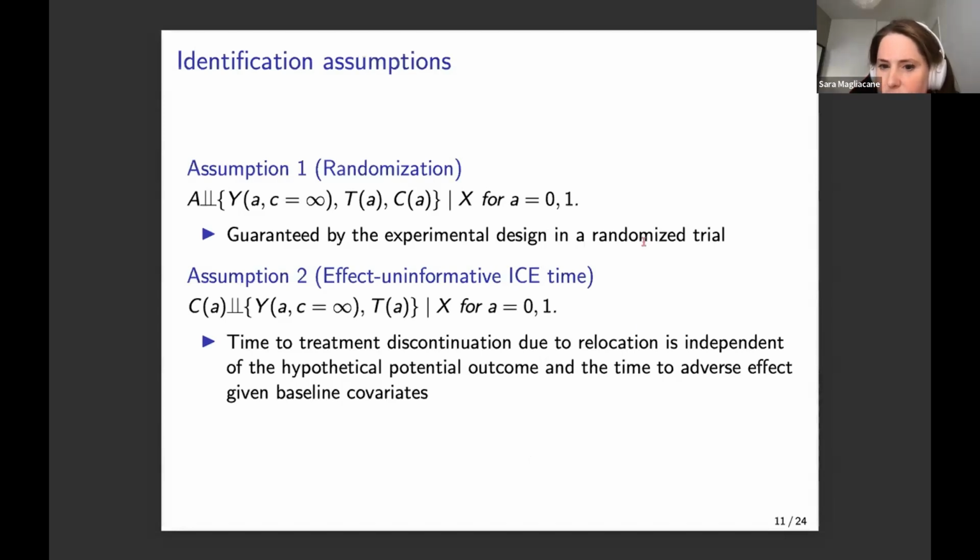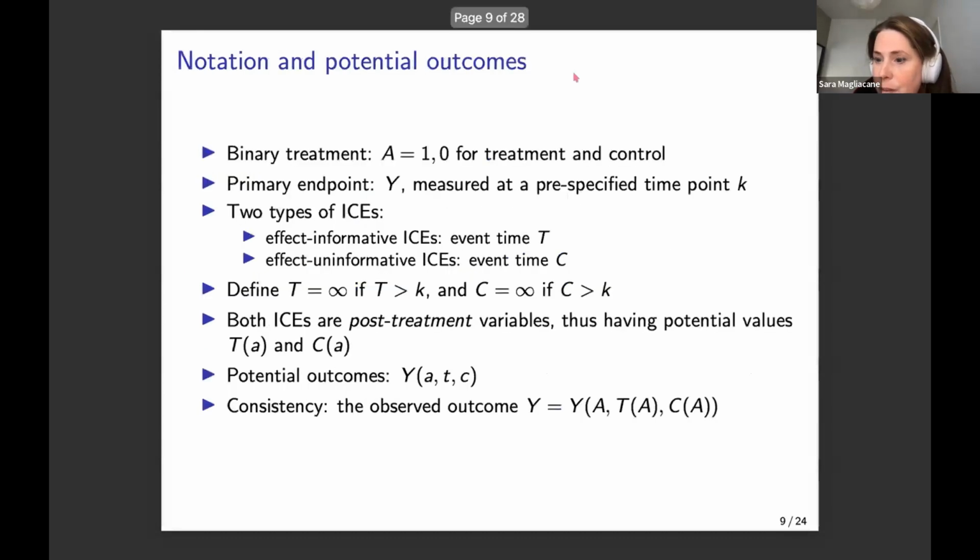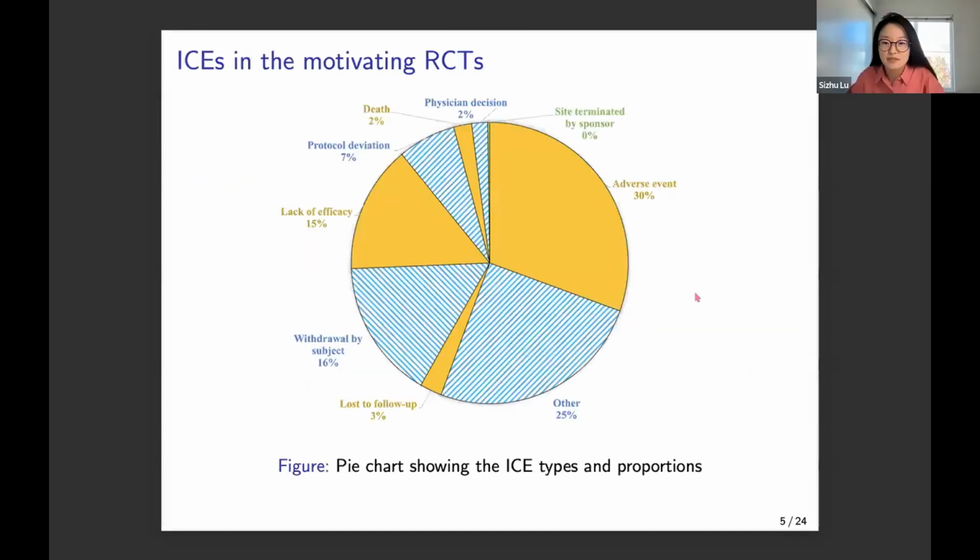Okay, so there are a few other questions, lots of questions right now. Emma is asking, maybe I missed it in the data, which of the two types of issues, relocation or adverse events, are more common? Yeah, the effect informative events are actually more common. More than 80% of them in both trials were classified as effect informative. If we go back to this chart, we color coded it by which class they were classified to.